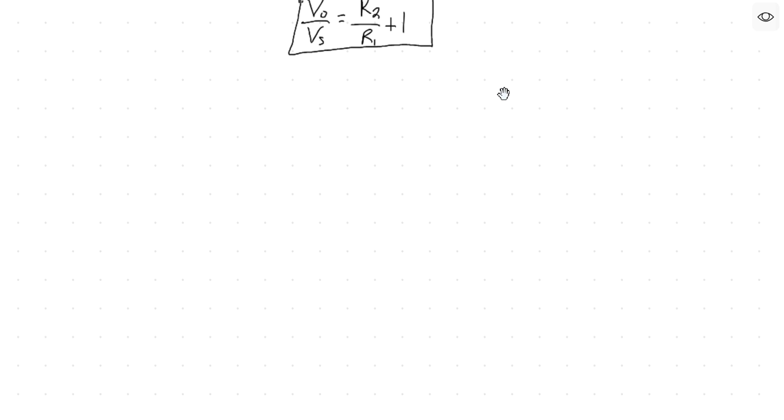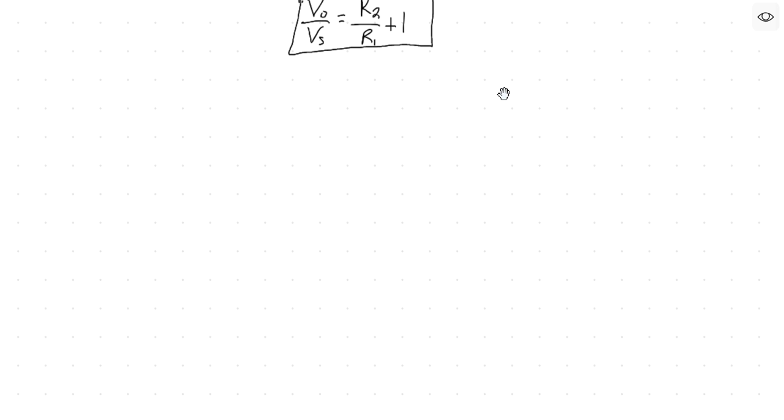Well, that's eliminating one source and then finding the output that's associated with the active source, and then swapping and finding the output that's associated with the second source, and then adding the two results together, right? That's superposition. And I can have a video discussing that in more detail.